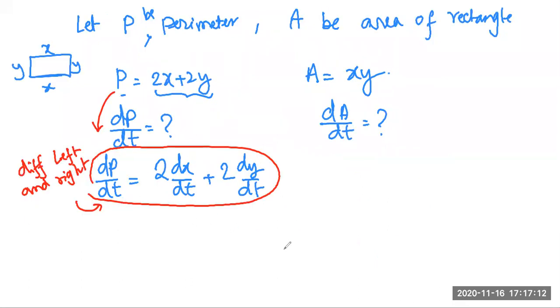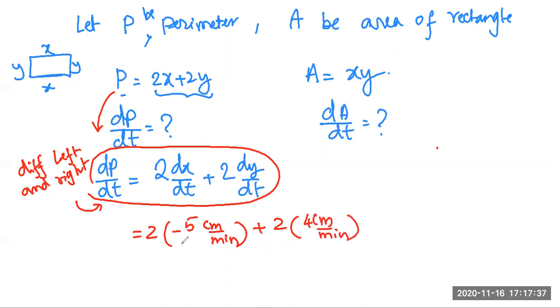Do I have dx by dt? Yes, I have dx by dt. What is given was dx by dt negative. Here I am writing 5 centimeters per minute. This is decreasing. Then dy by dt was increasing at 4 centimeters per minute. This is where the symbols come into the picture.